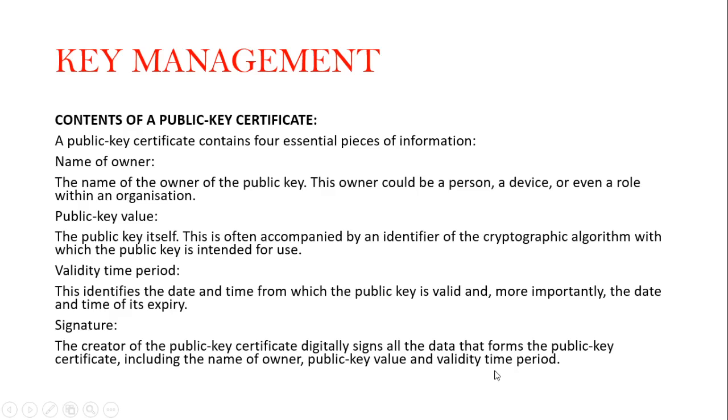Once again, I'll just read it. You can just concentrate. The creator of the public key certificate digitally signs all the data that forms the public key certificate, including the owner, public key value, and validity time period. So all this is what we have as the signature.